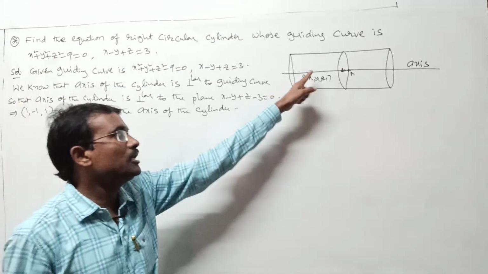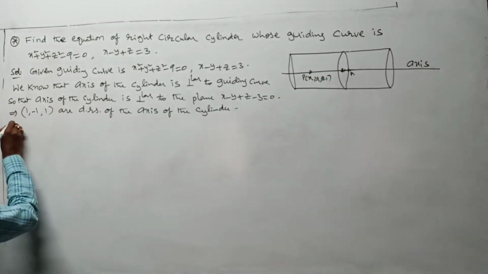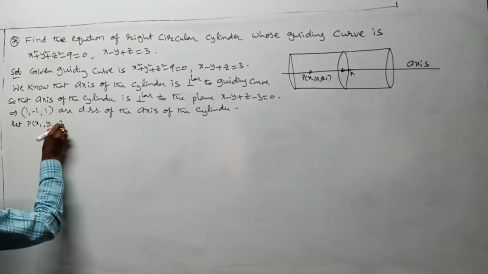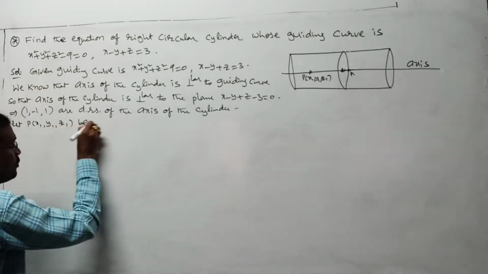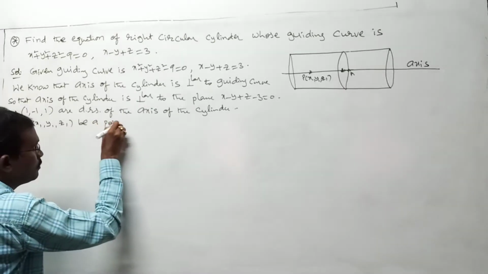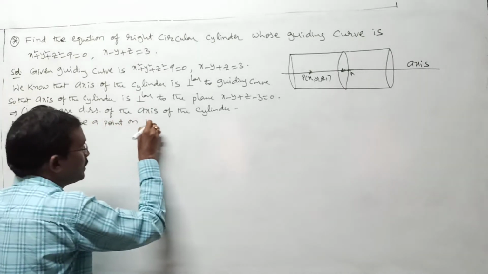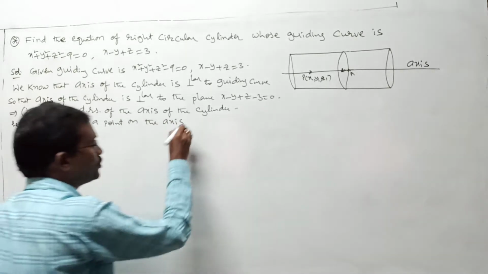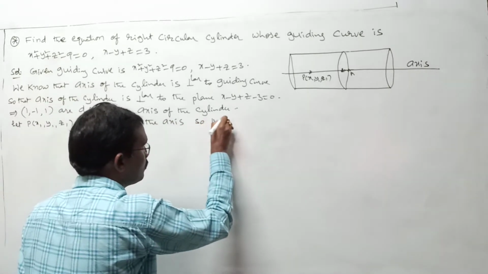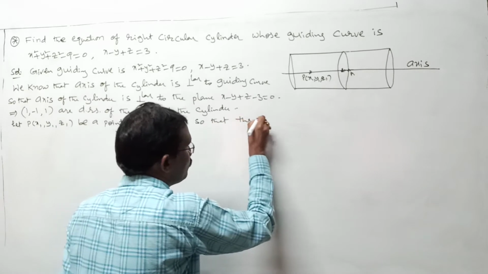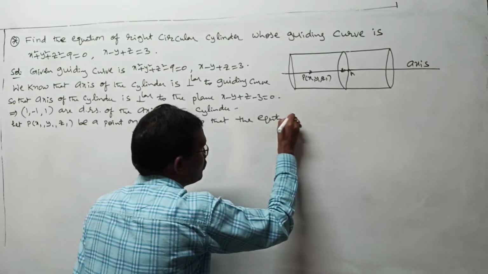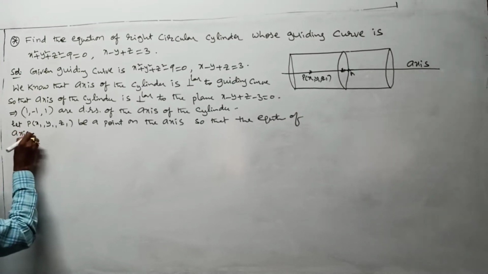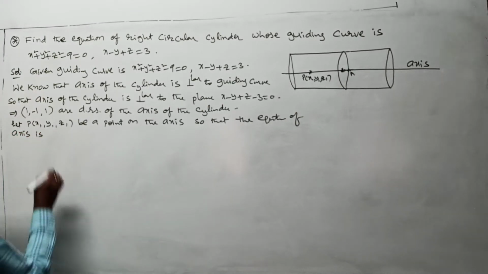Next, let us take a point P on the axis. Let P x1 comma y1 comma z1 be a point on the axis, so that the equation of the axis, means the axis line equation, is what ma?